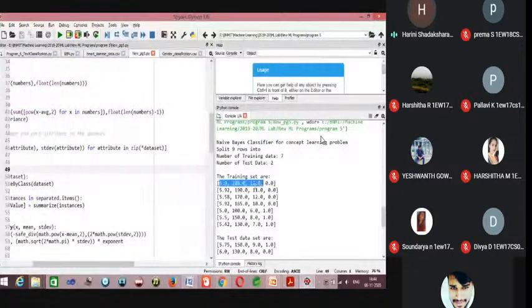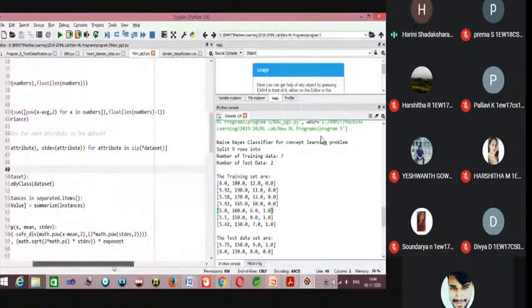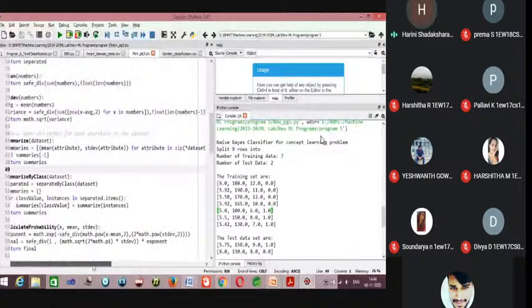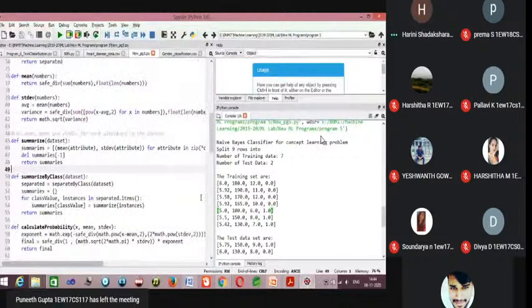This should be taken one by one because this is height, this is height, this is height, and this is height. Similarly, this is weight, and this is your foot size. They're all different, right? So I should take them column wise. That will be done, and that will be passed here to your mean and standard deviation.